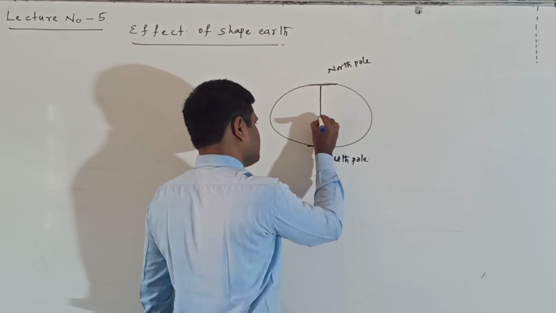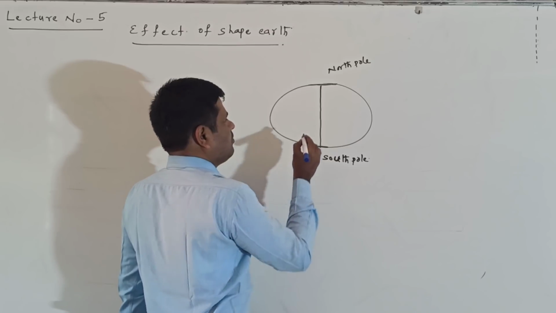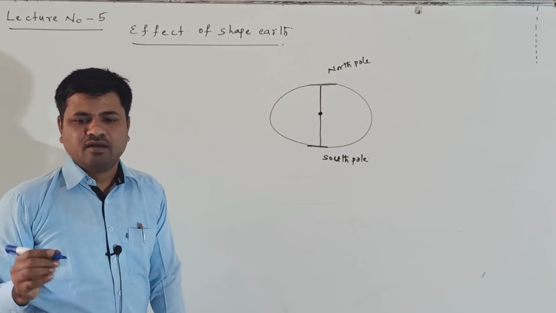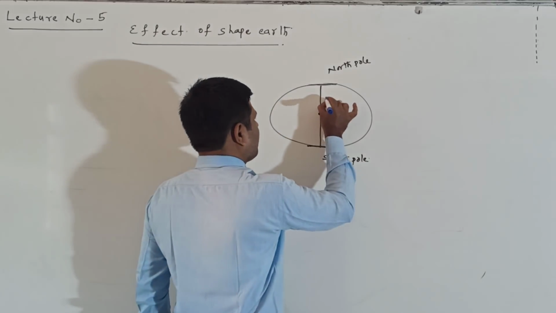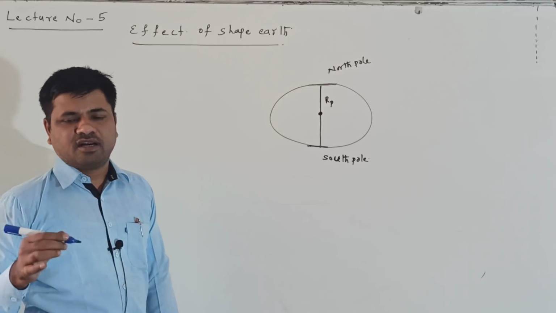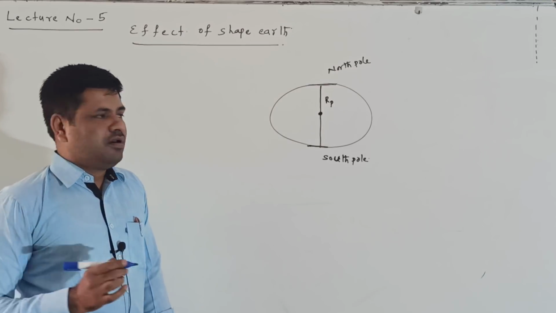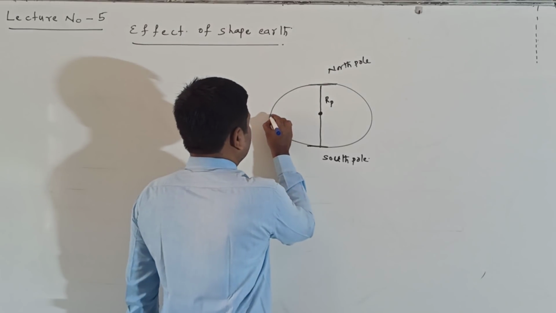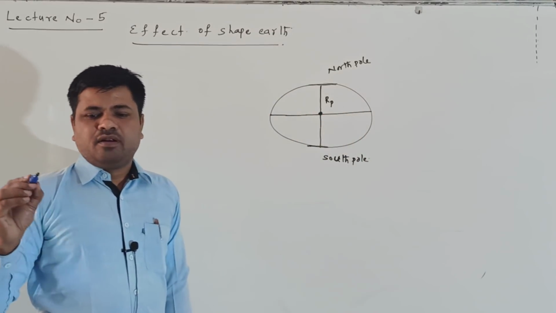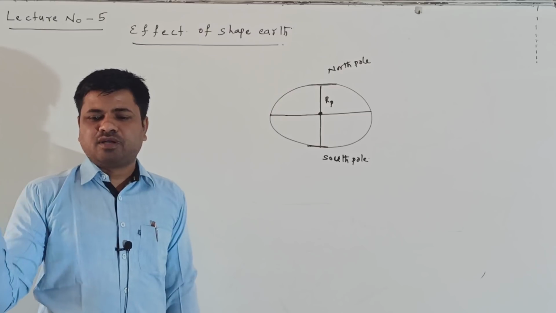I take this radius, the center to the pole distance, as RP. Now it bulks out at the equator.